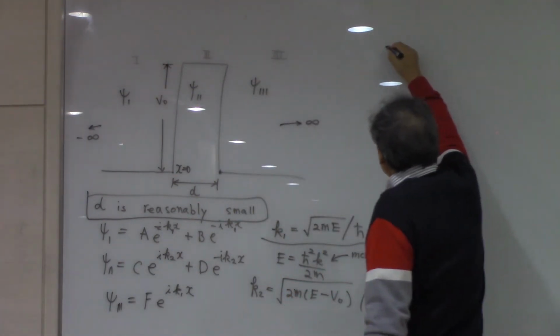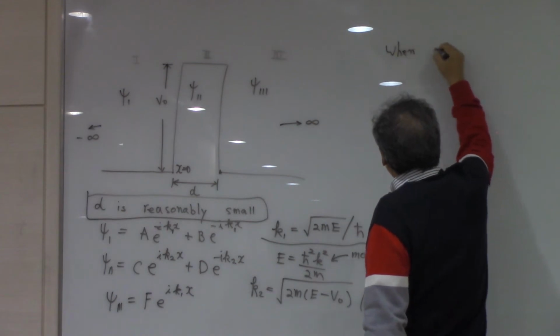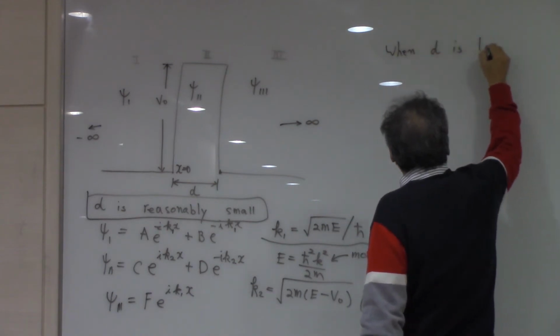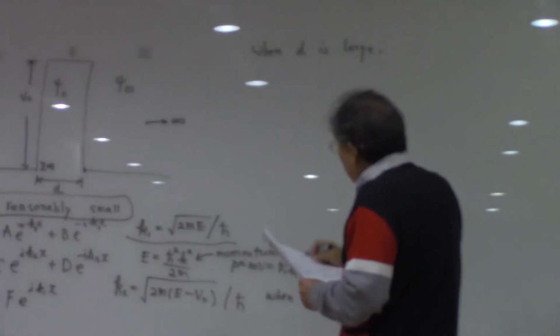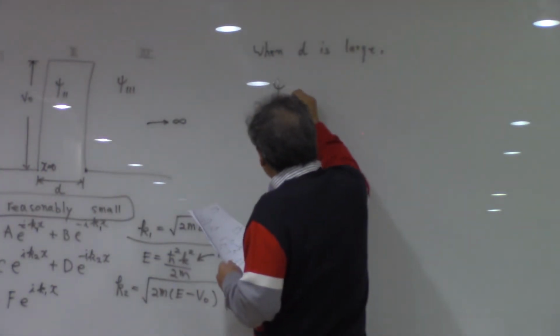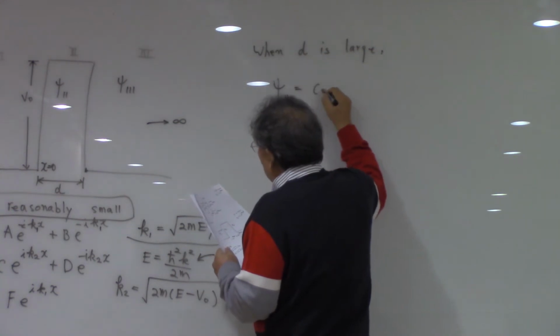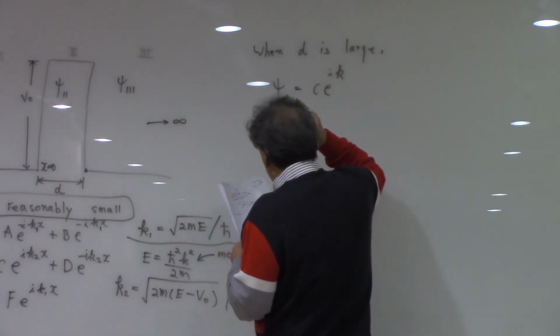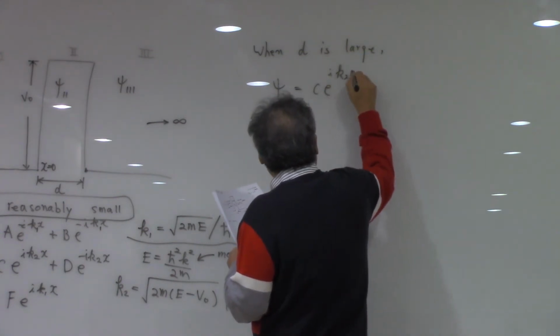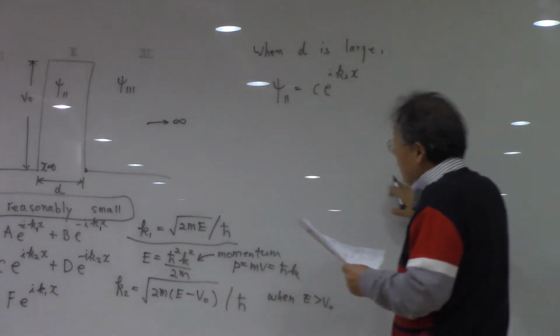So when d is large, we just have psi 2 equal to C e to the i k2 x only, right?